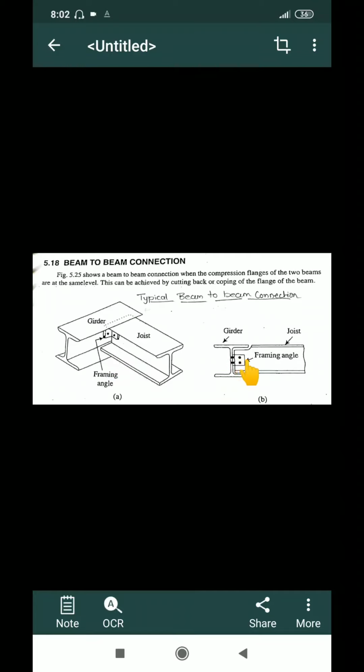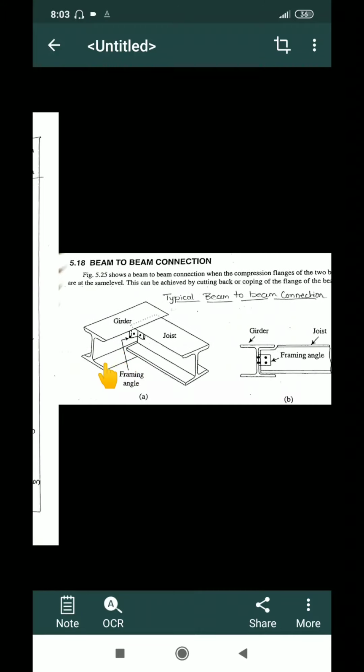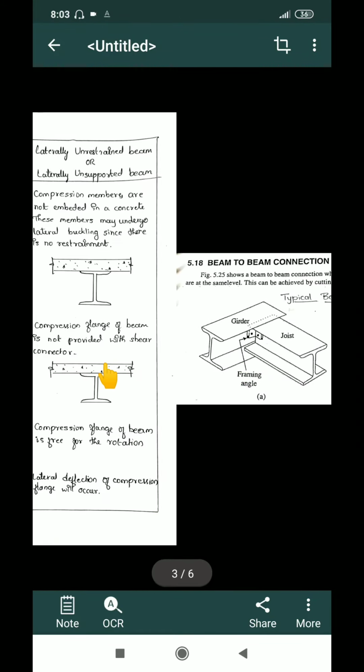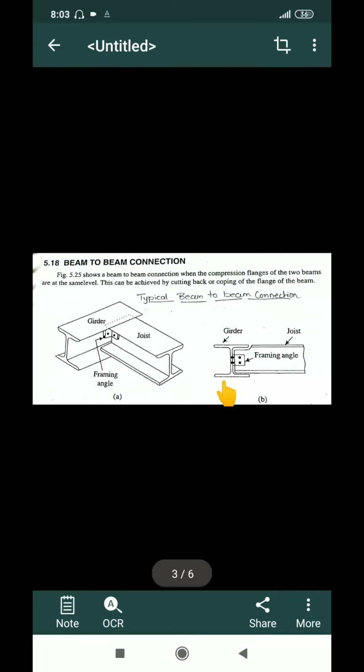This is an isometric view where I am connecting a girder with a joist by providing a framing angle. You can also call it a cleat angle.